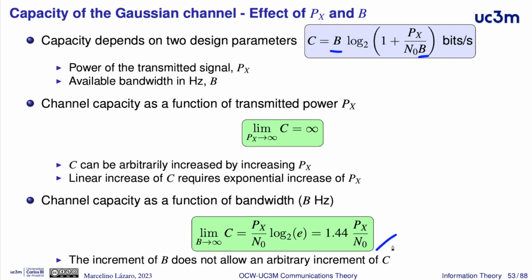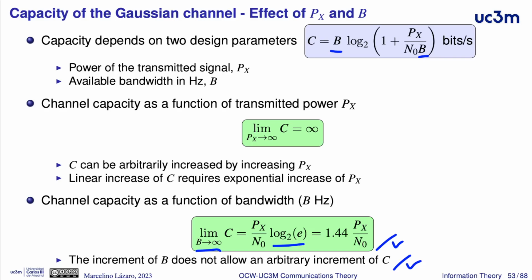It is possible to compute the limit when the bandwidth goes to infinity, and this limit is finite. This is the ratio between the signal power and N0 times the logarithm of the Euler number, 1.44. And this means that, unlike with the signal power, the increment of the bandwidth of the system doesn't allow an arbitrary increment of the channel capacity.